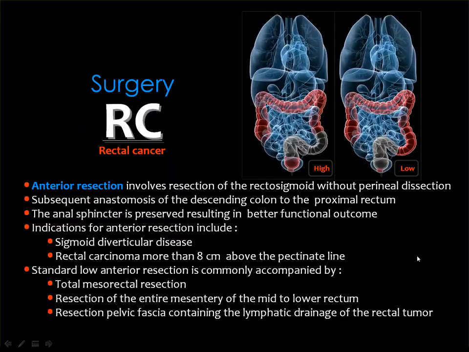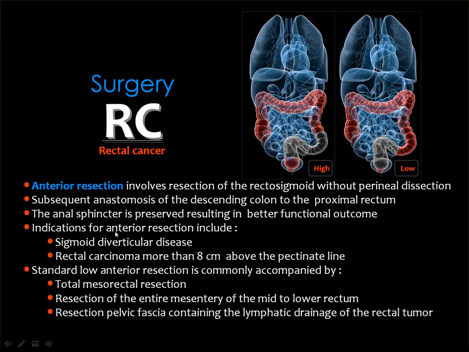Then the second type of surgery is the anterior resection, which may be high or low, and this involves resection of the rectosigmoid without perineal dissection, and there is anastomosis of the descending colon to the proximal part of the rectum, maintaining the anal sphincter function. And this is a very good operation where you do not need to perform colostomy, either temporary or permanent.